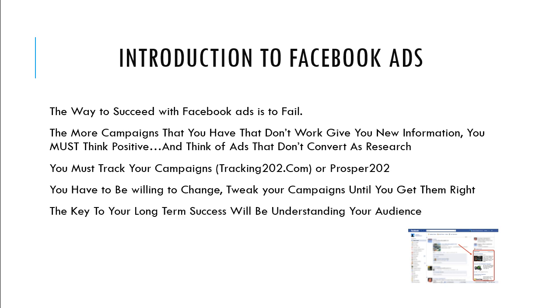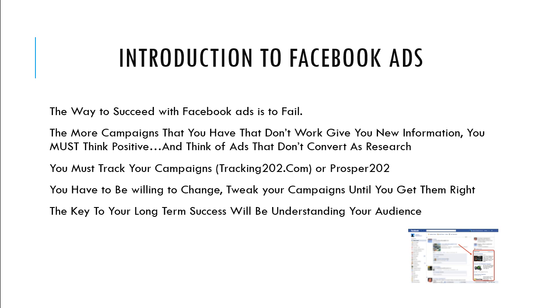Now, the key to your long-term success, as we've said, in Facebook is going to be understanding your audience. This is not going to work like AdWords and AdSense. It's slightly different. With AdSense, you had to understand the keyword and you had to understand who was going to click. With Facebook ads, and we're going to show you this when you go inside of the targeting area, you are going to need to understand your audience.